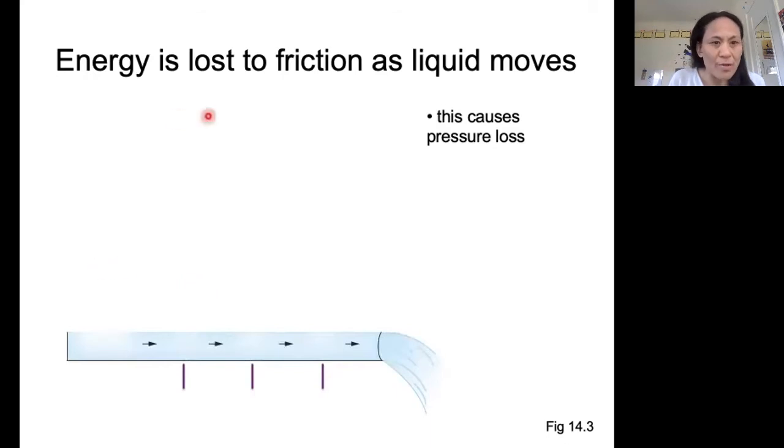But the main point I want to make here is that as that water moves, it actually loses energy from friction. So it's going to experience friction with the sides of the tube, and it's going to lose energy, and that energy translates into a pressure loss. The longer you travel through the tube, the more energy you're going to lose and the more pressure you're going to lose.